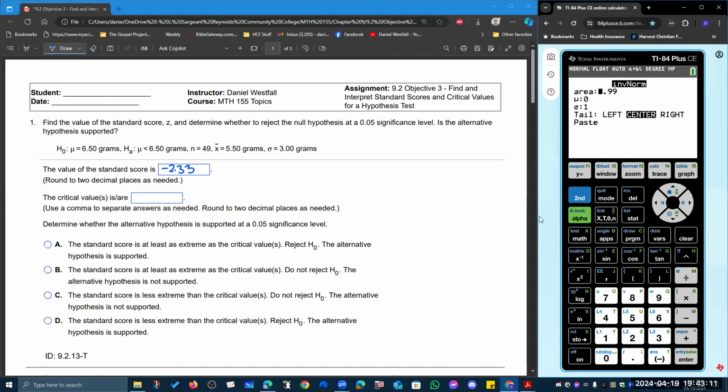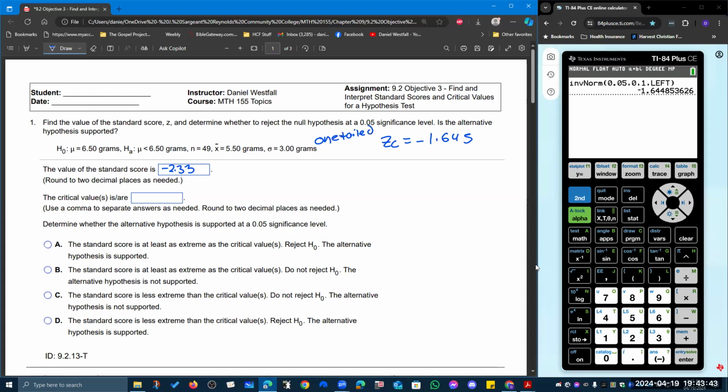I want 5% to be to the left, because this is a less than. And that is going to be the critical Z value, negative 1.645 for a one-tailed left. Alpha equals 0.05, right?